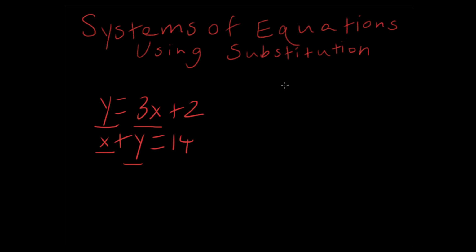Substitution is basically what it sounds like. Let me quickly explain it. We have this top equation, which is y equals 3x plus 2. Although we don't have the exact answer of what y is equal to, we know what y is equal to in terms of x, as y is equal to 3x plus 2.